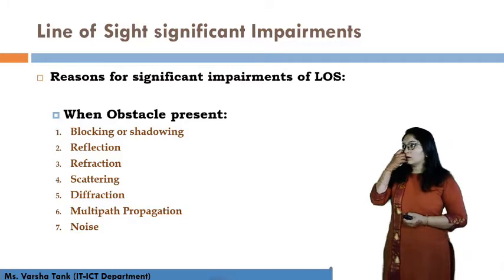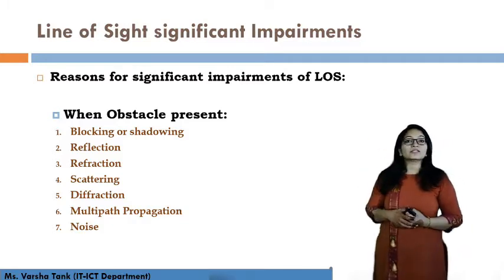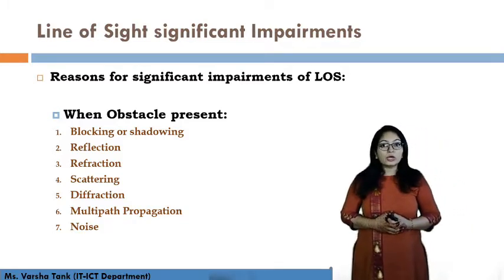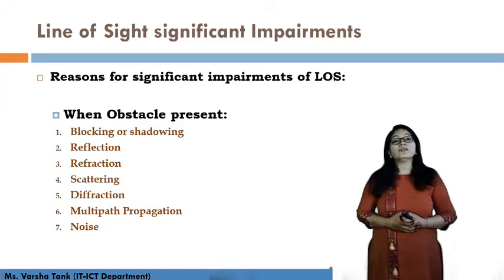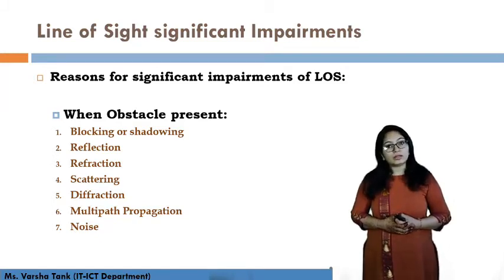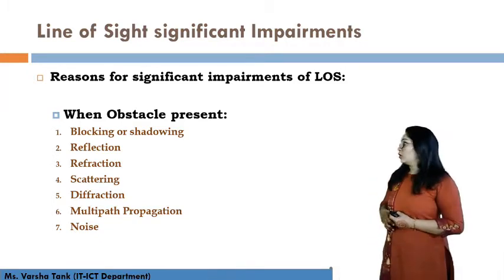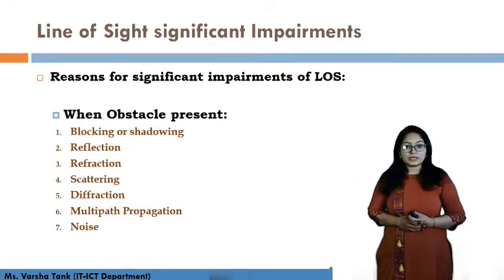So our main topic is line of sight significant impairment. First, the reasons for significant impairment of line of sight: when an obstacle is present.